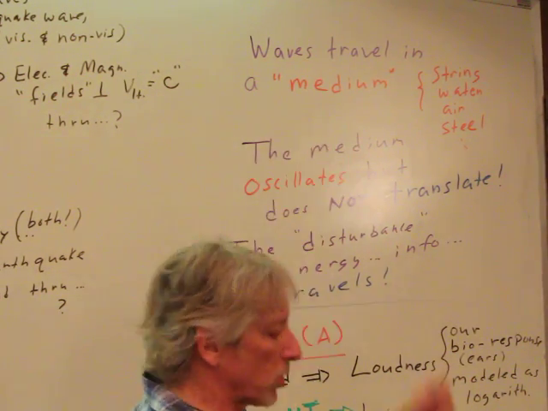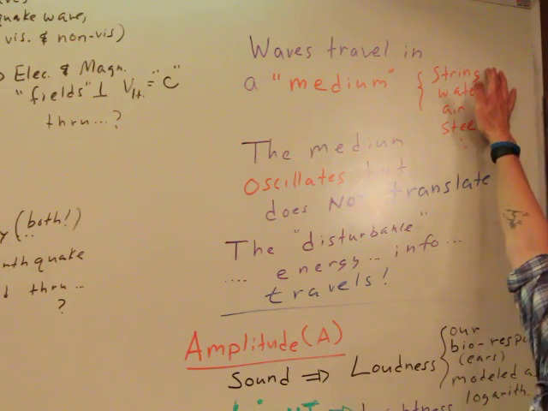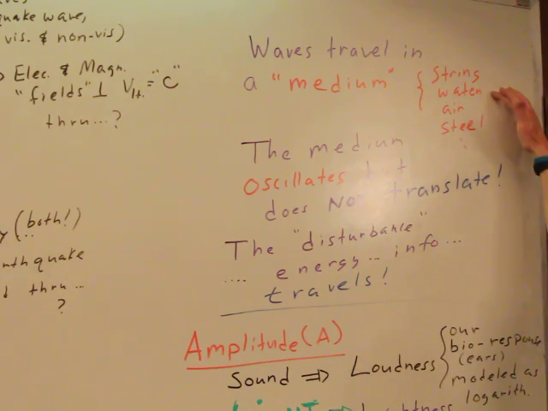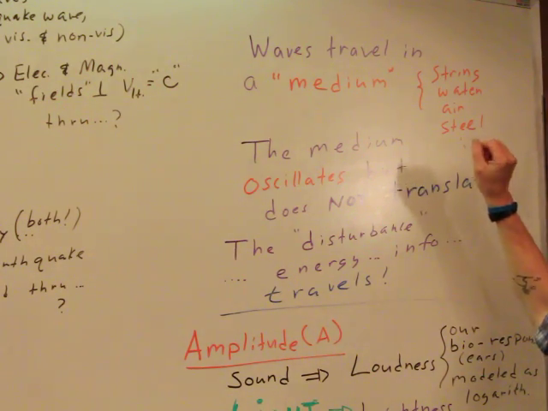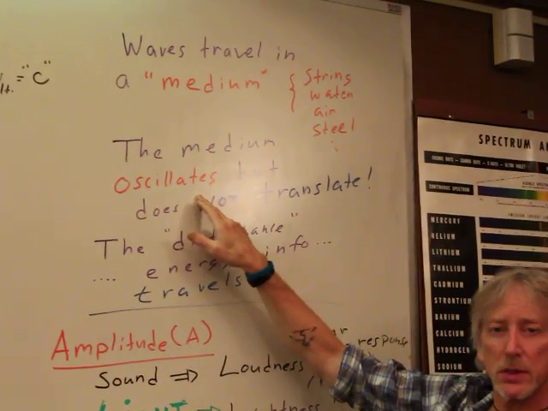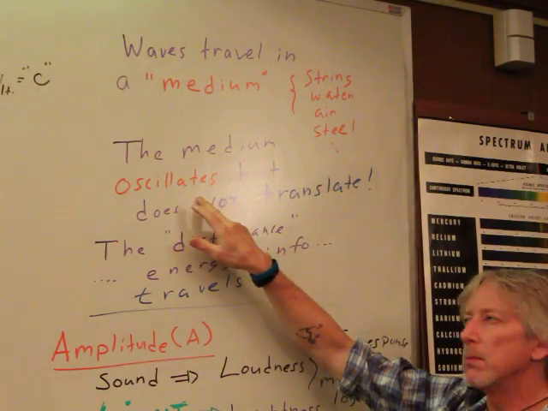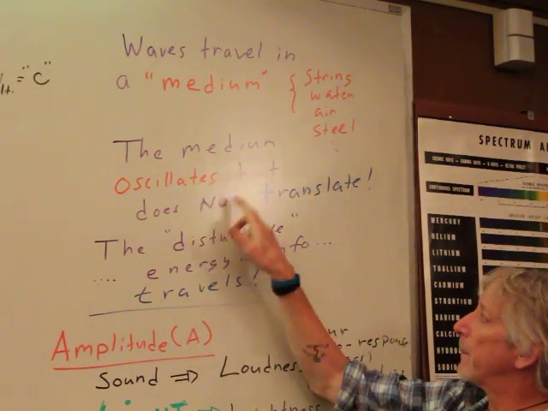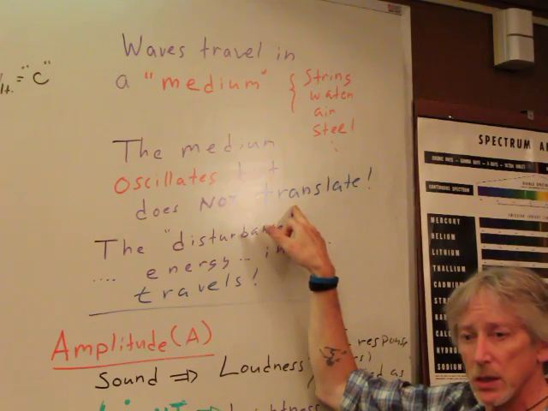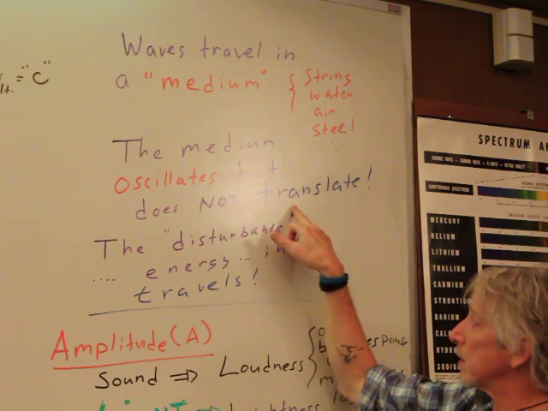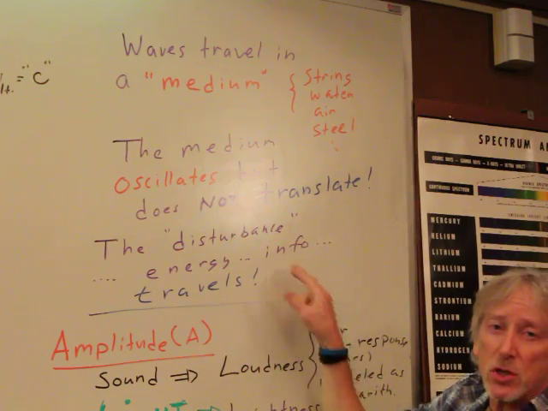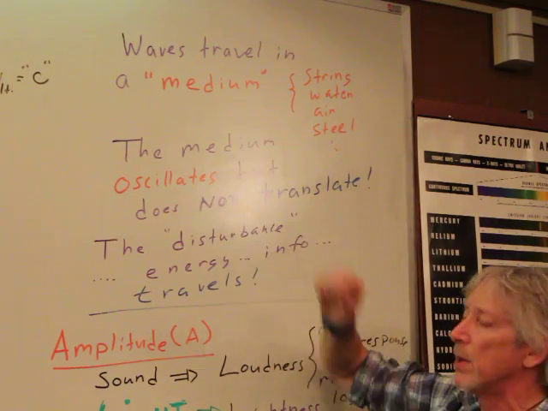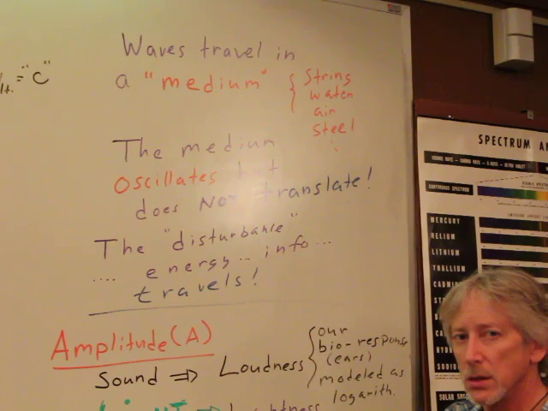So the medium could be your string, or your slinky, or the water, or the air, or steel, right? And this is really important: the medium oscillates, but does not translate. The disturbance or energy or information travels, but the medium just oscillates.